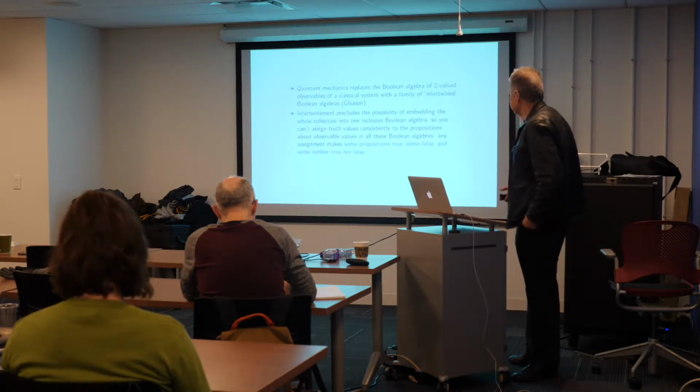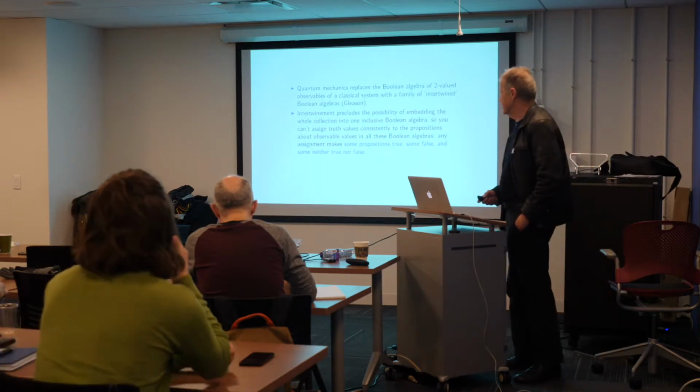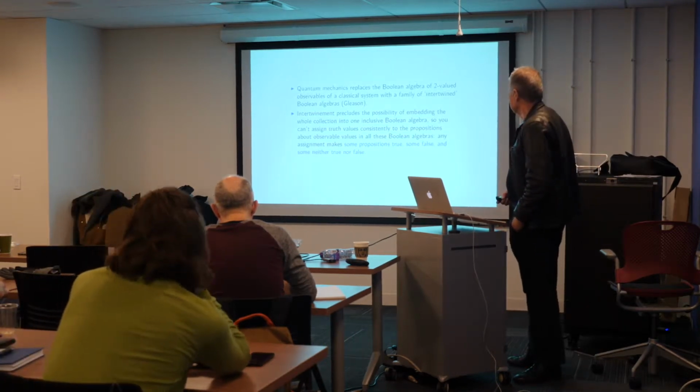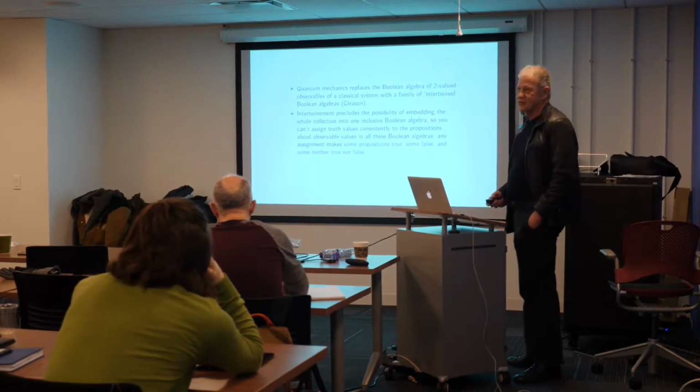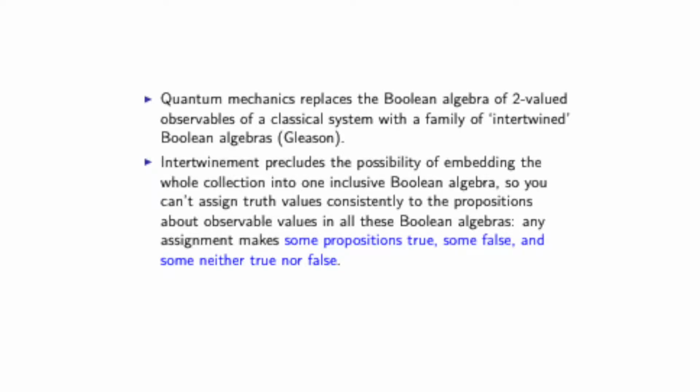So let's just begin with a couple of comments which are sort of boilerplate. Oddly, nobody has really mentioned non-commutativity or non-Booleanity in this conference, and to me it seems like the core thing. Quantum mechanics replaces the Boolean algebra of two-valued observables of a classical system with a family of what Gleason called intertwined Boolean algebras, because they are sort of pasted together on common elements.